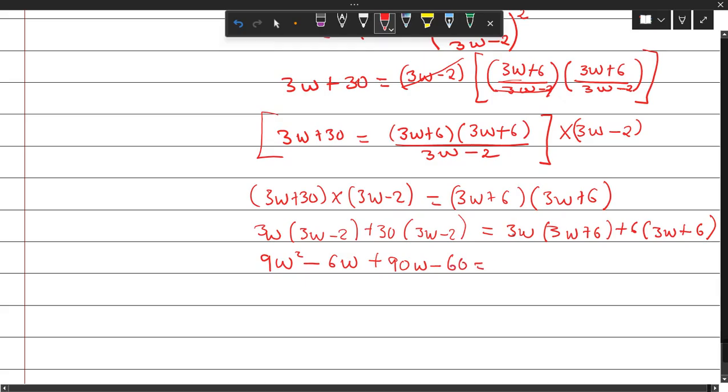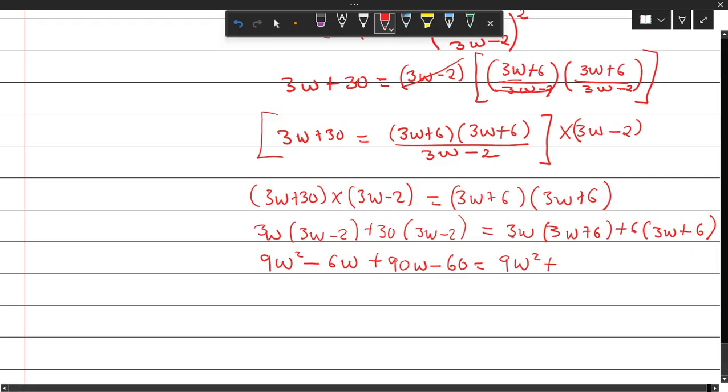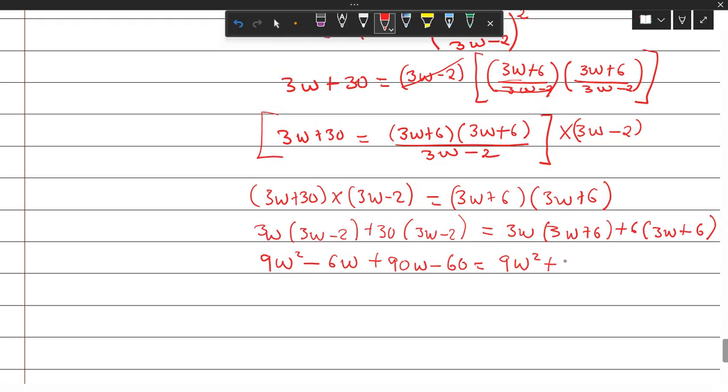Equal to 3w multiplied by 3w, it would be 9w squared, plus 3w multiplied by 6. So this will be 18w. 6 by 3, that's 18. Then plus 6 by 3w, it will be 18w, plus 6 multiplied by 6, 36.